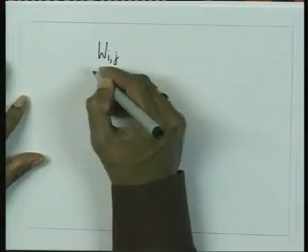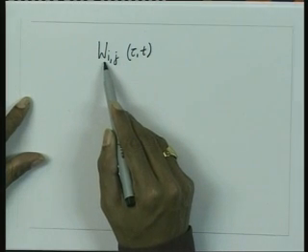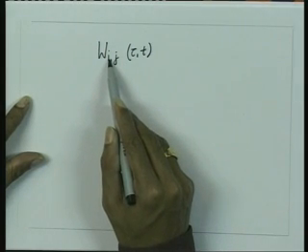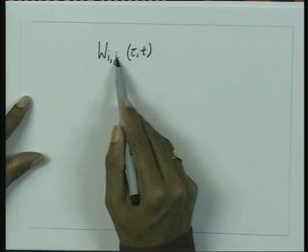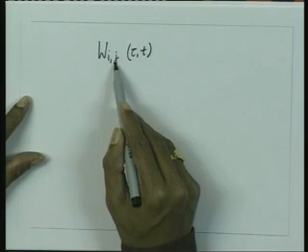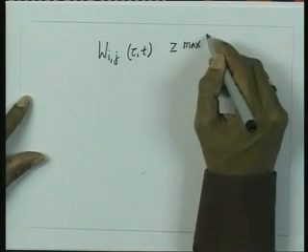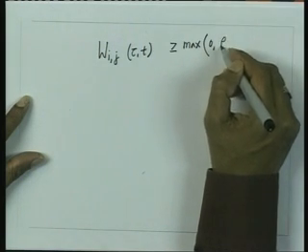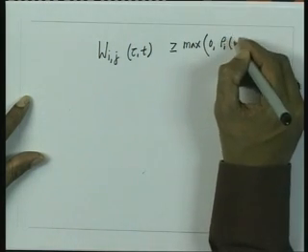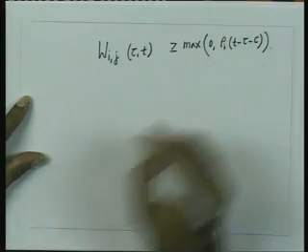For any t between these two things, w ij tau t, that is the amount of service received by ith session in the jth busy period during the interval of tau to t, this interval of tau to t of the jth busy period, that is greater than or equal to max of 0 or rho I times t minus tau minus the constant c.